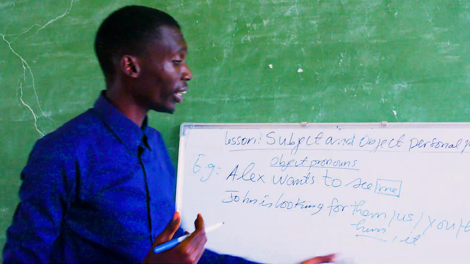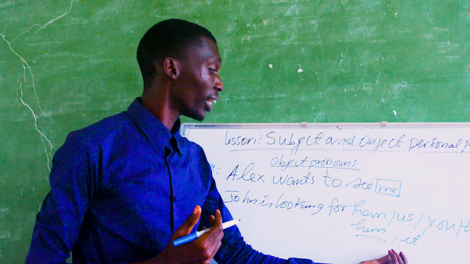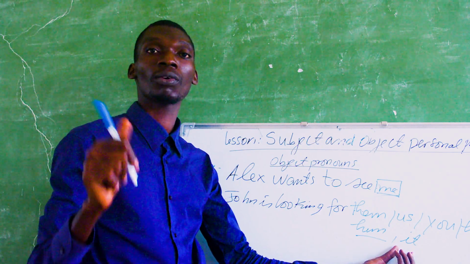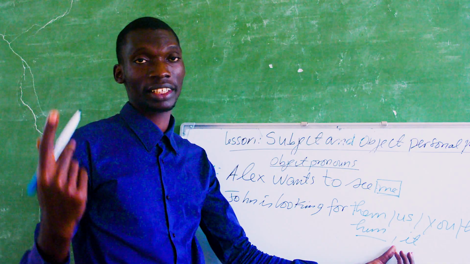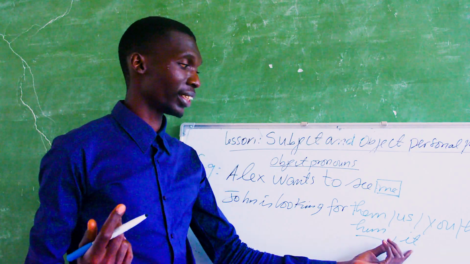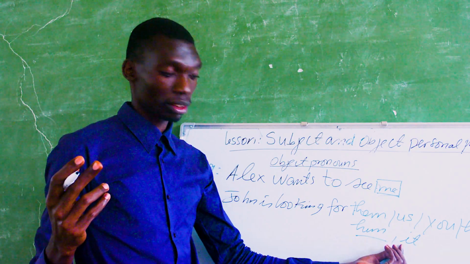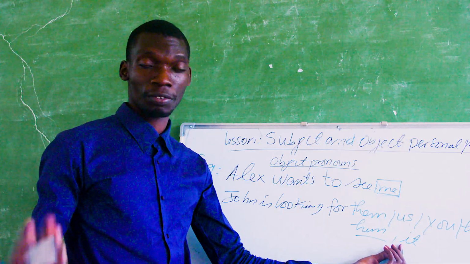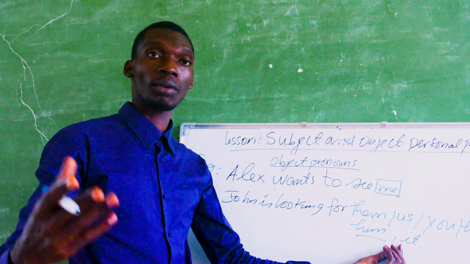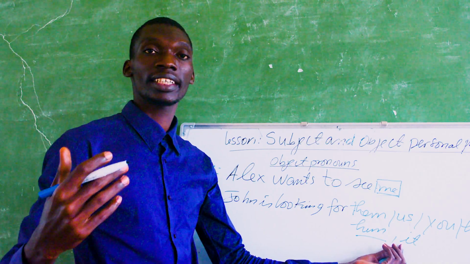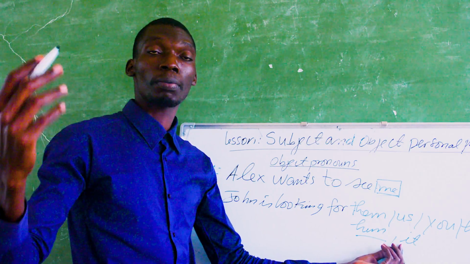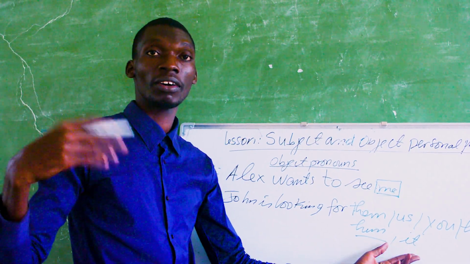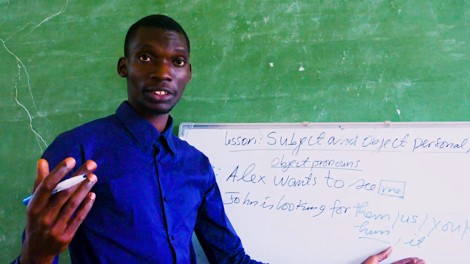John is looking for it. It has become the place of a telephone or of an object or an animal. Is that understood?